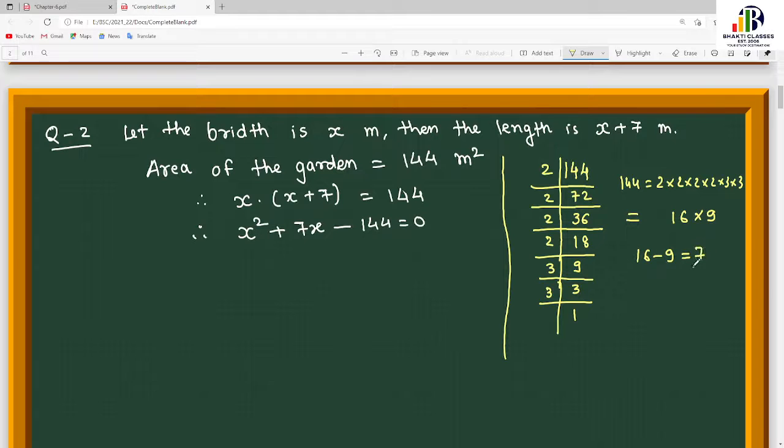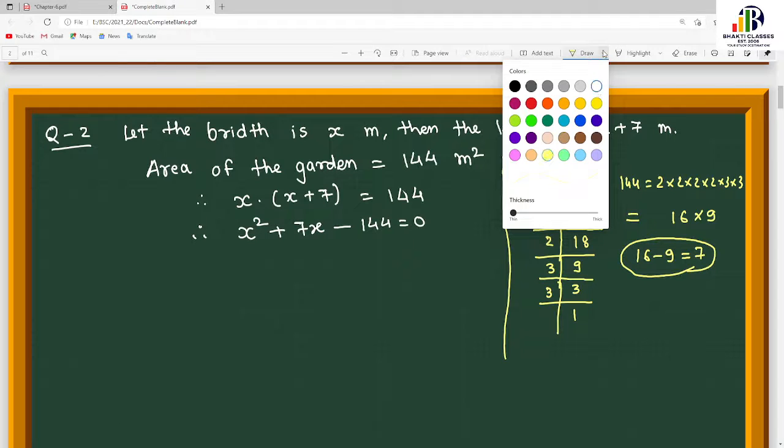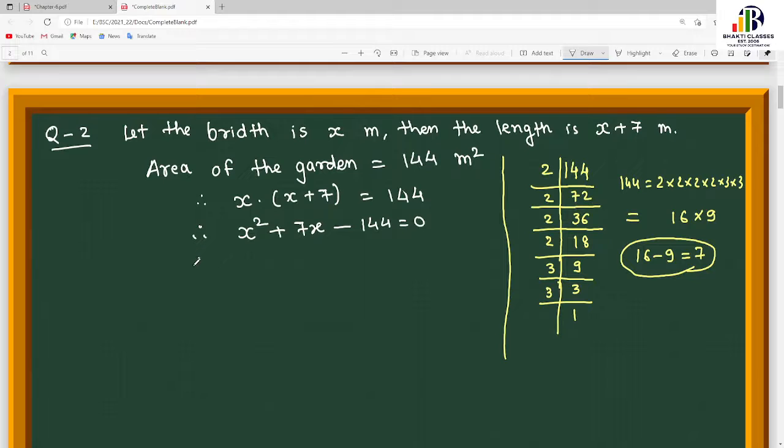So I can split the middle term this way. Let us do that. Therefore, x square plus 16x minus 9x minus 144 is equal to 0.